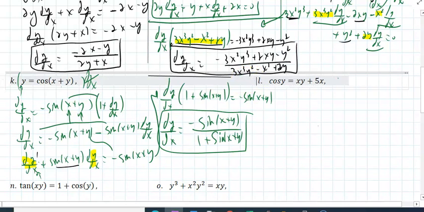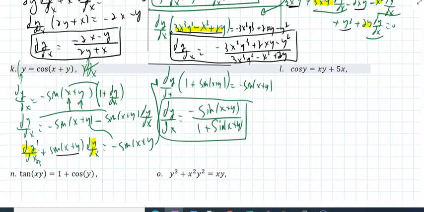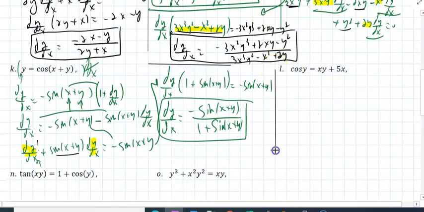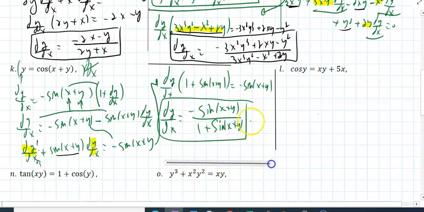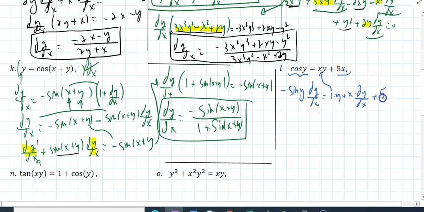If I look at the next problem, same deal. I would take the derivative of cosine, which is negative the sine of y, dy/dx, equals the product rule. Derivative of the first is a 1 times the second, plus the first times the derivative of the second, plus the derivative of 5x is 5.